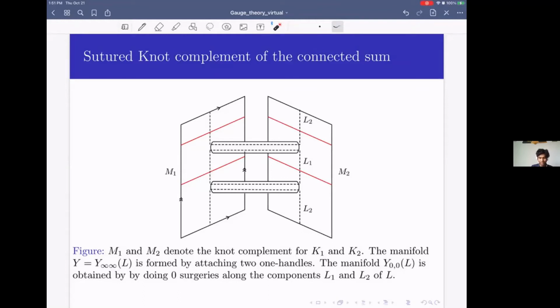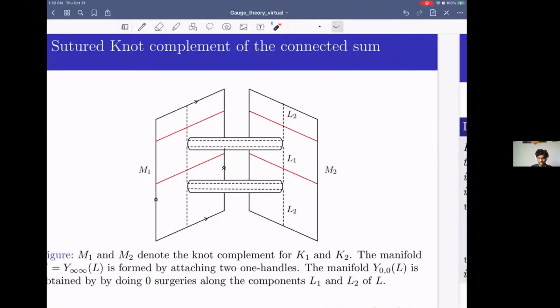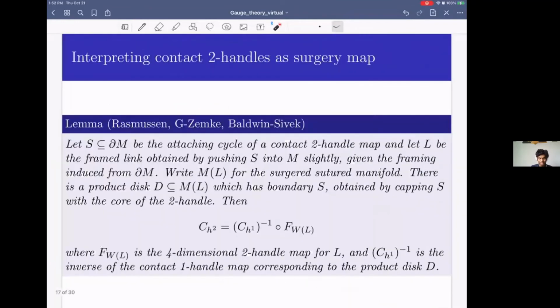Okay. So now, once we know that these are the 2 contact 2 handle attachments, the rest is we really need to realize this as surgery. On the instanton Floer side, this basically follows from the definition of Baldwin and Sivek. They define the contact 2 handle attachment map in terms of surgery.